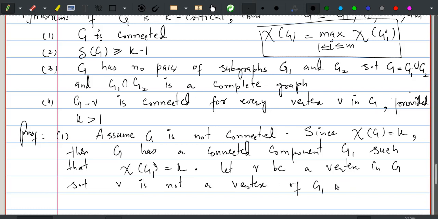This vertex V is in some other component of G.